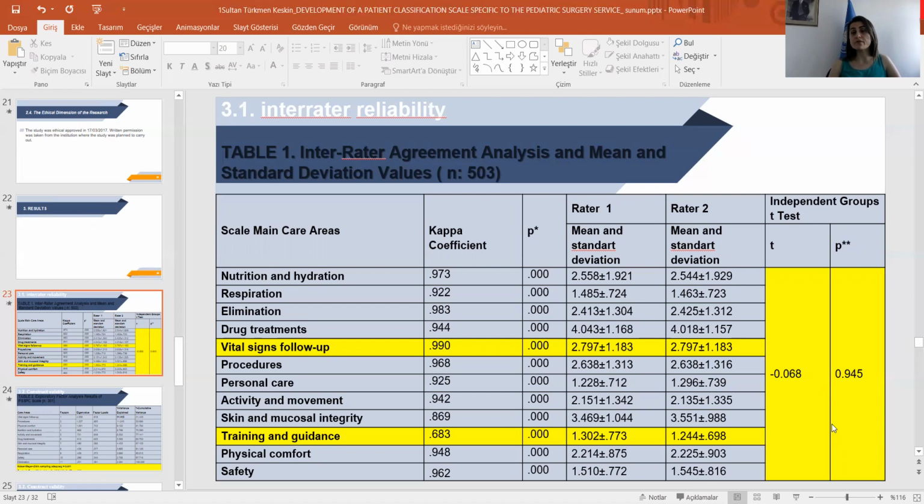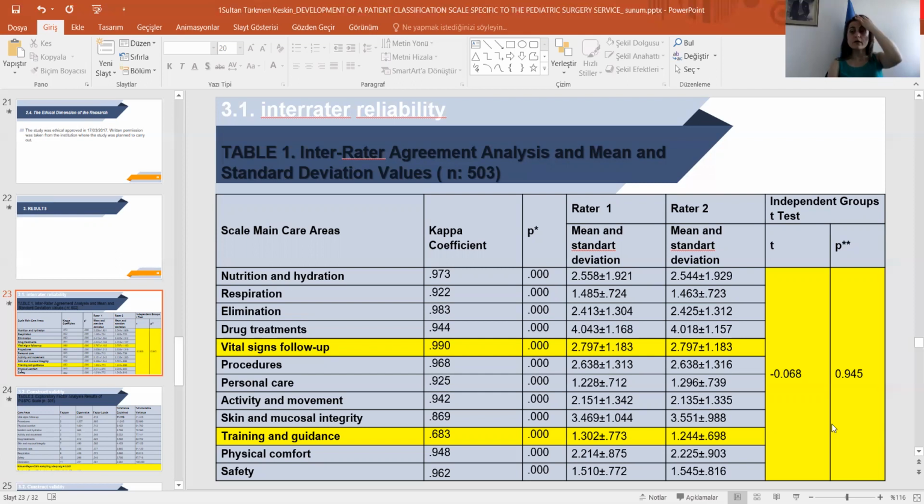Therefore, the exploratory factor analysis was done once more by removing the training and guidance item. Kaiser-Meyer-Olkin statistics and Bartlett's sphericity test results show that a sample size of 301 individuals was adequate and appropriate for factor analysis.